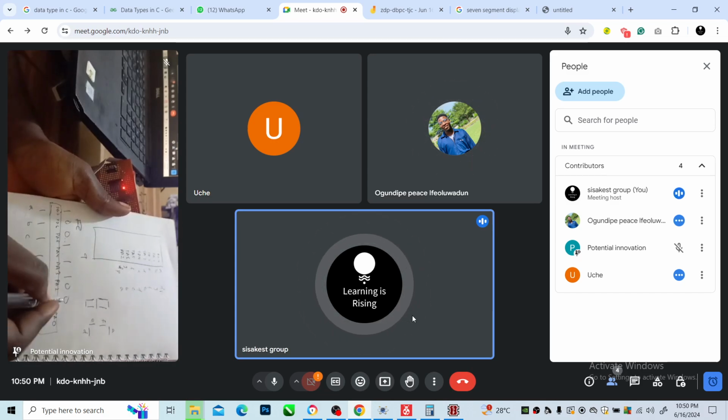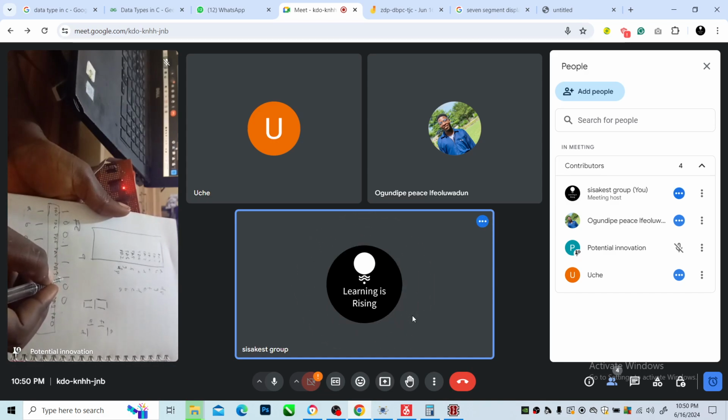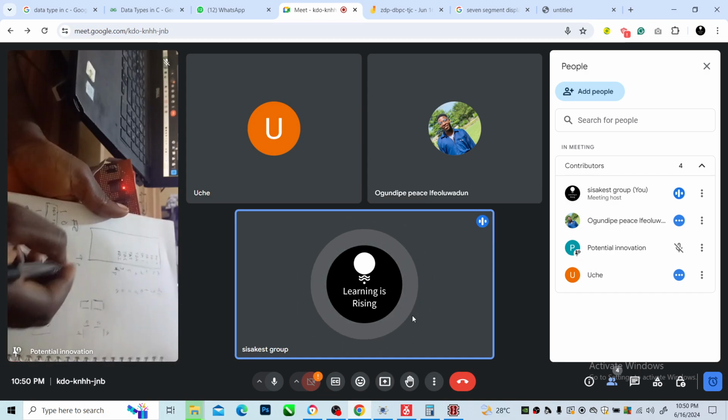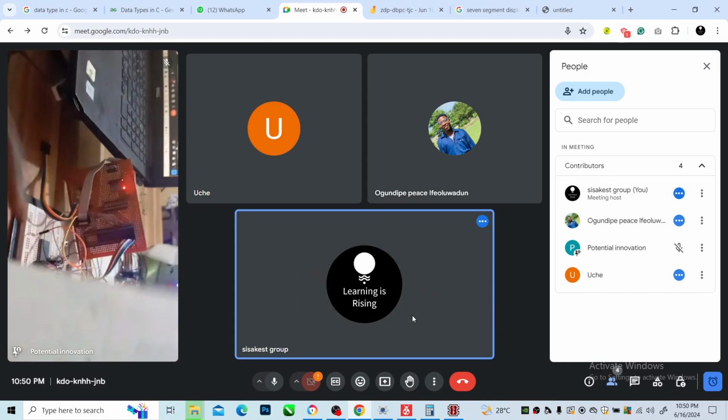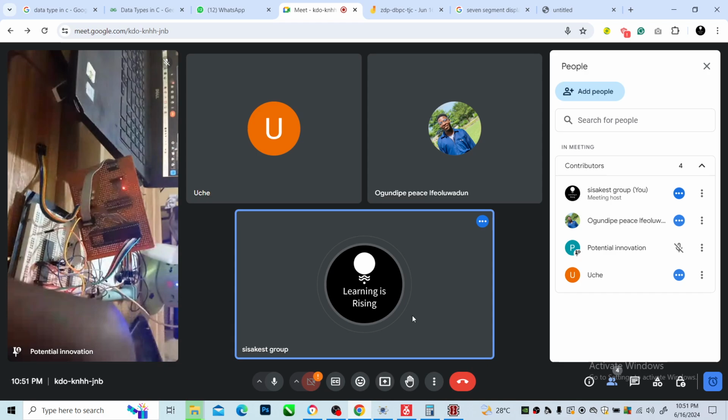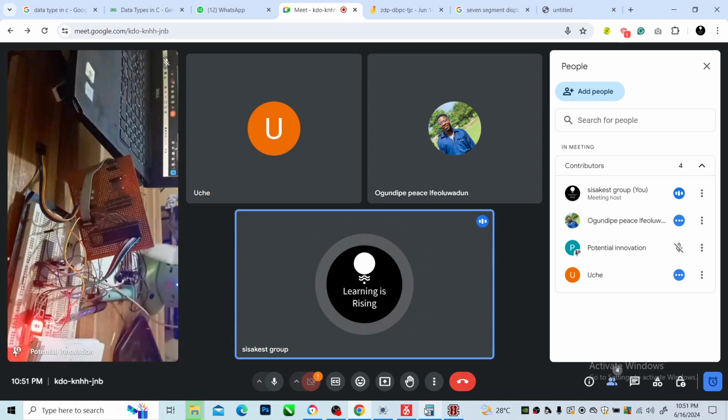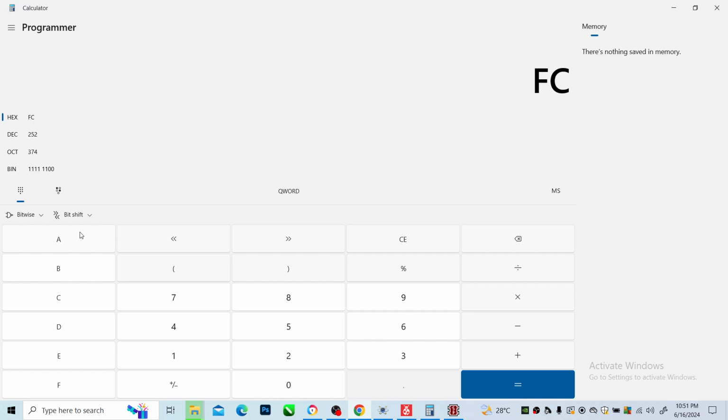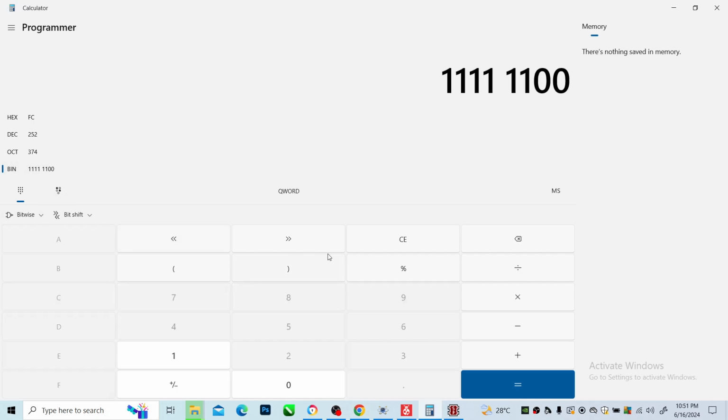Then 1100 is 8 plus 4, that's 12. 10 is A, 11 is B, 12 is C, so 9C. Of course, you can still use your calculator to do that. If I'm on binary and I enter 1001, then 1100, that is 9C. So, correct.